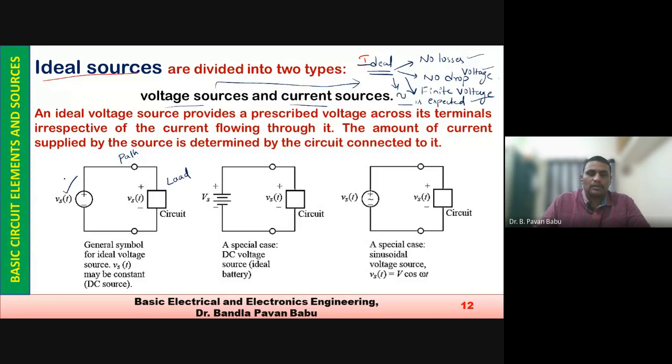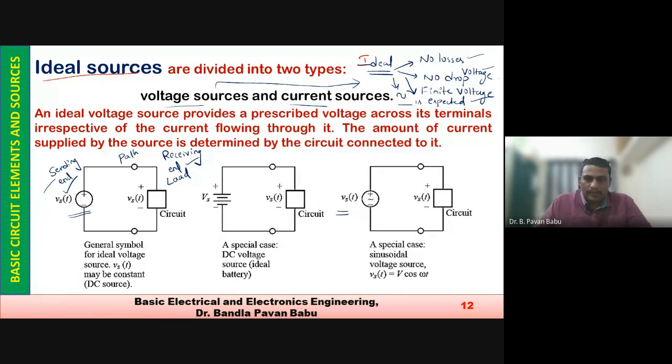In our electrical terminology, we can call it the sending end and the receiving end. Mostly the sending end will be the source and the receiving end will be the load, and the path will be there. And here, whether you are using a voltage source or a current source, that again matters.